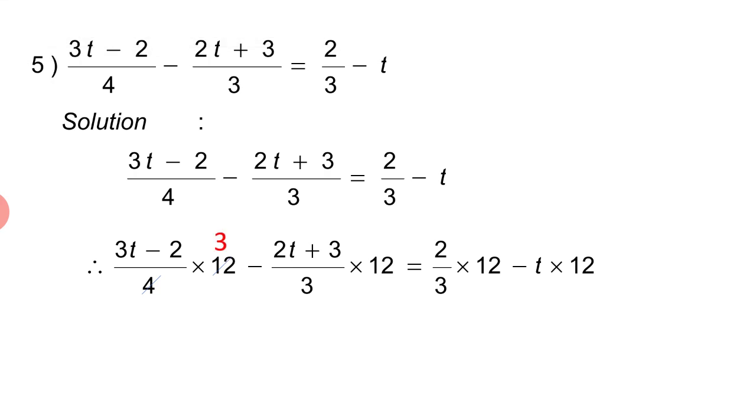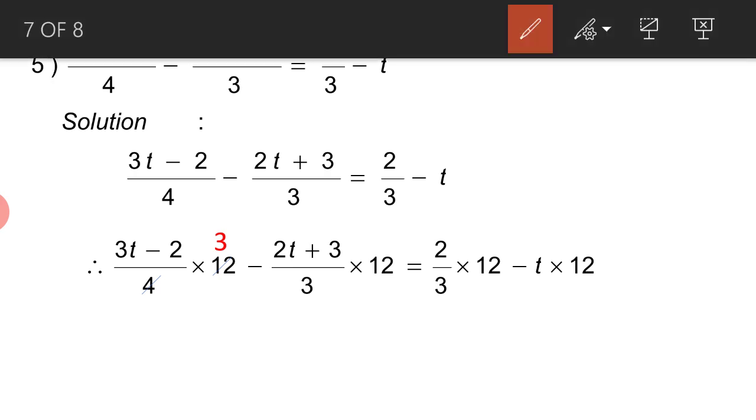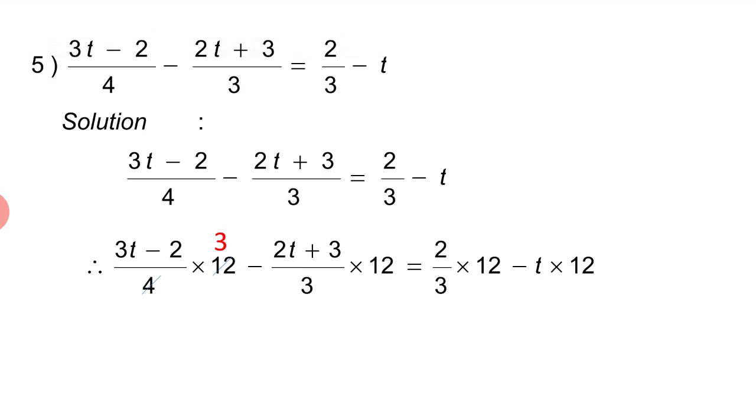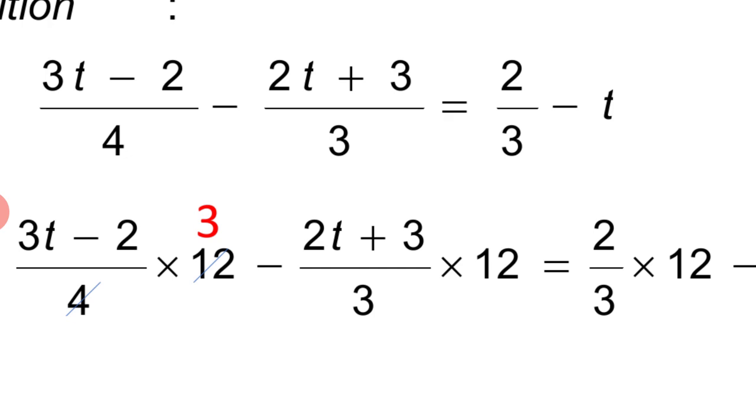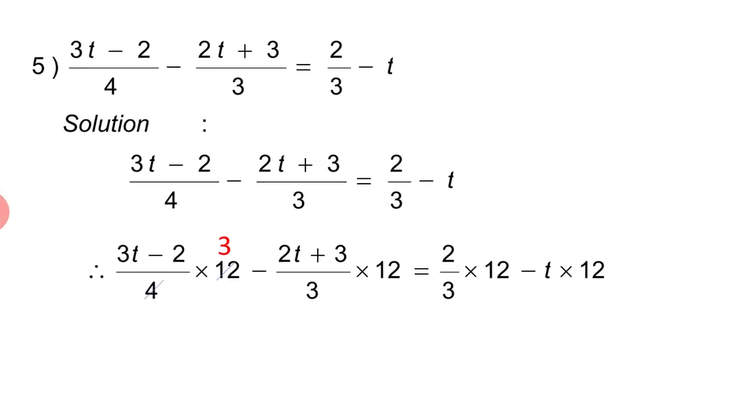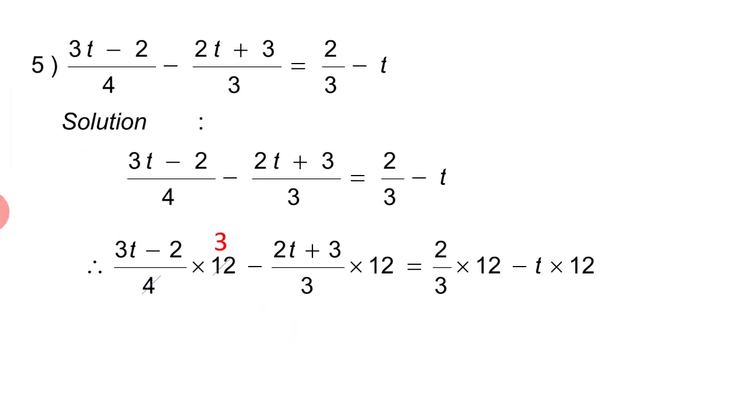4 ones are 4 and 4 threes are 12. Are you getting? I am cancelling now. Let us zoom it. Then 3 ones are 3 and 3 fours are 12.